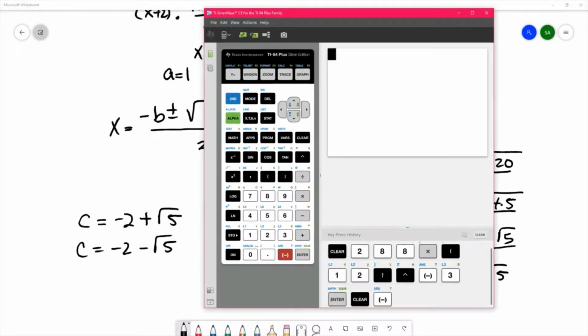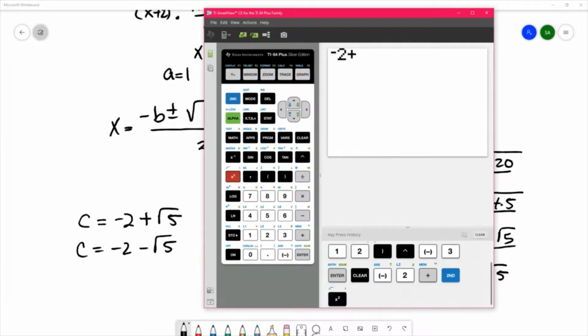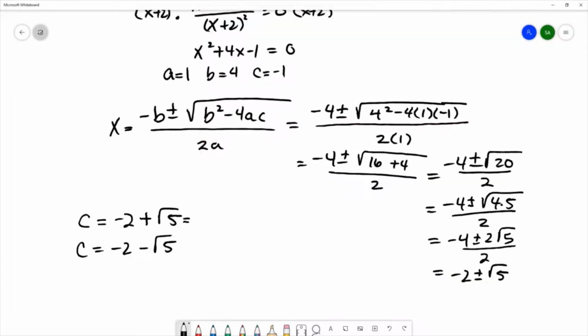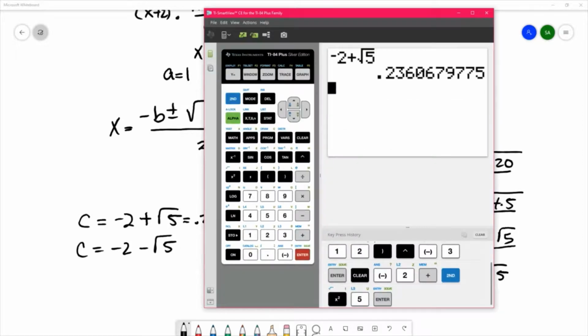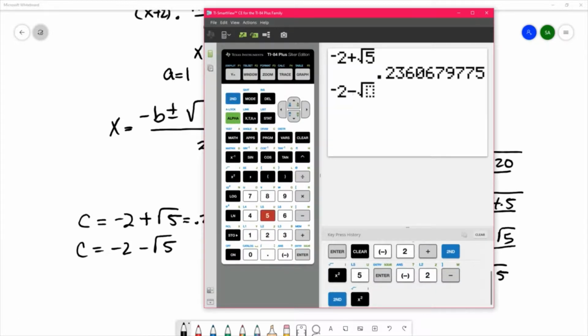So -2 plus square root of 5 is 0.23, let's say 0.24. And -2 minus square root of 5, I believe, is going to be outside of the interval. That's -4.24.